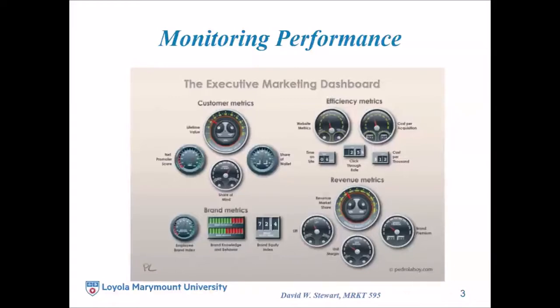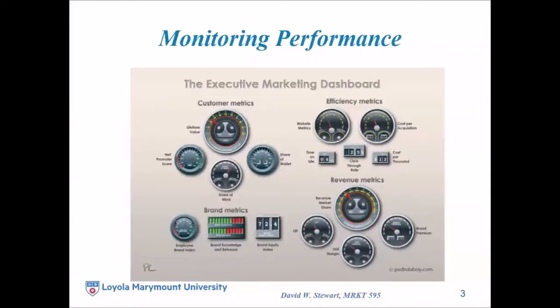Here's an example of an executive marketing dashboard. There are some customer metrics here, things like lifetime value of a customer. We'll talk about that later in the course. Share of wallet, share of mind, some brand metrics. What do people know about your brand? Some efficiency metrics, cost per acquisition, cost per thousand, some revenue metrics, market share, margins, and so forth.